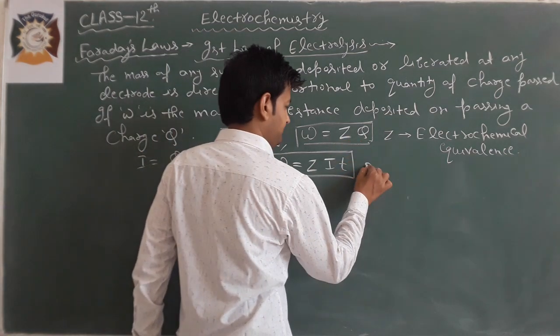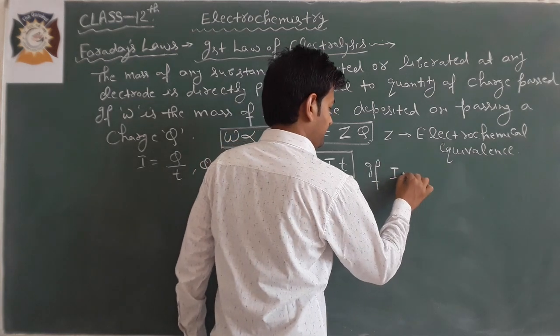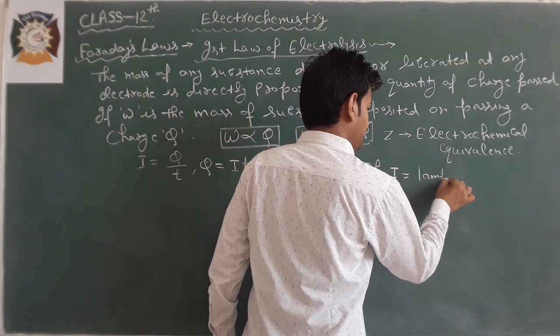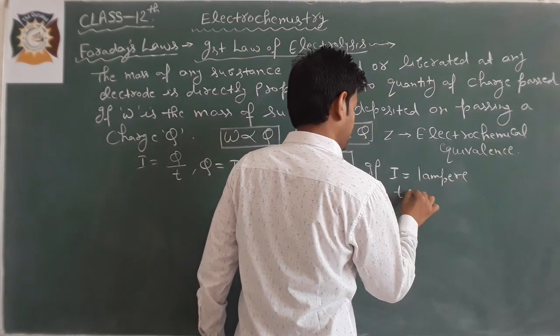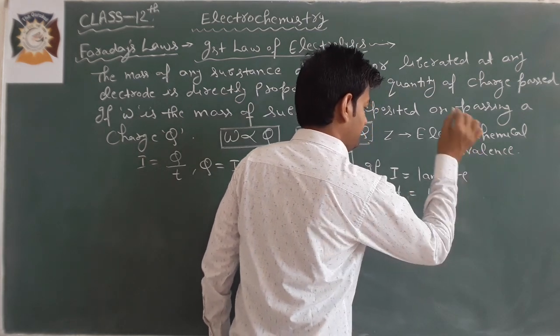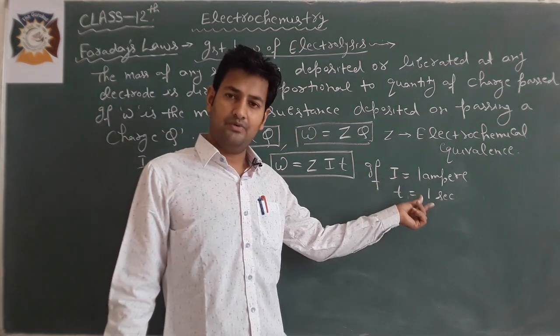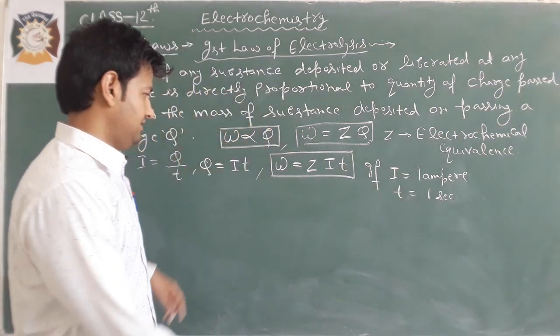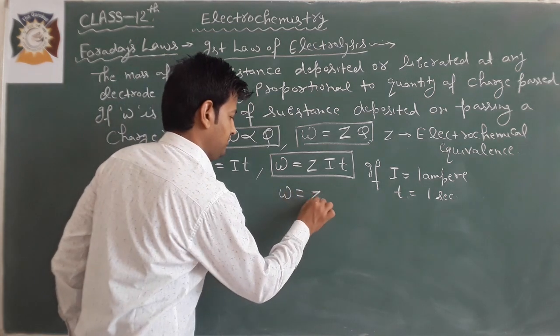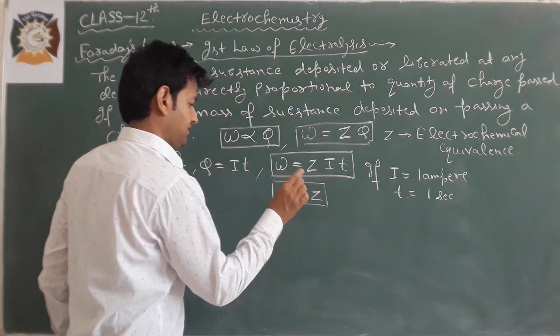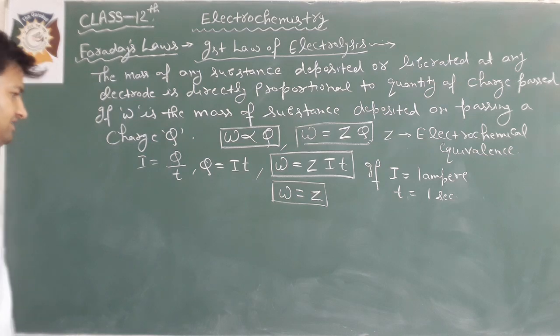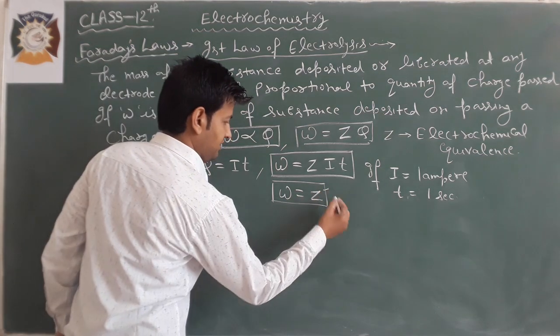Next, if a current of 1 ampere is passed for 1 second, then the weight deposited will be equal to the electrochemical equivalence. So we can say how you can define electrochemical equivalence.